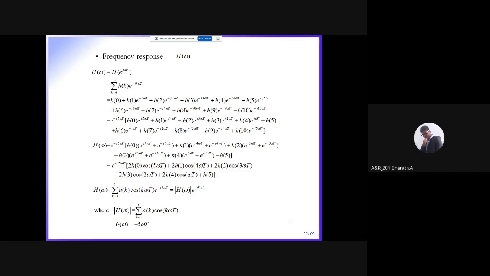So e power j pi t is nothing but cos 180 minus j sin 180, no? What is cos 180? -1.